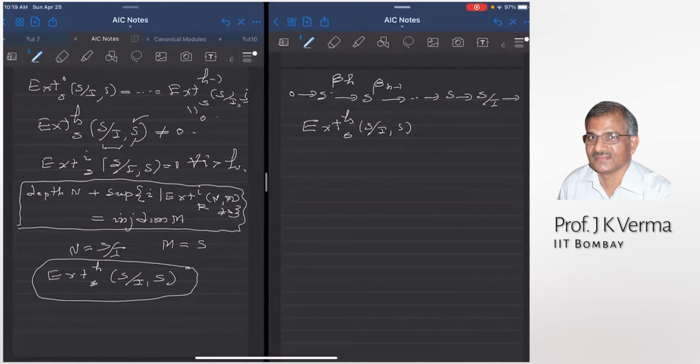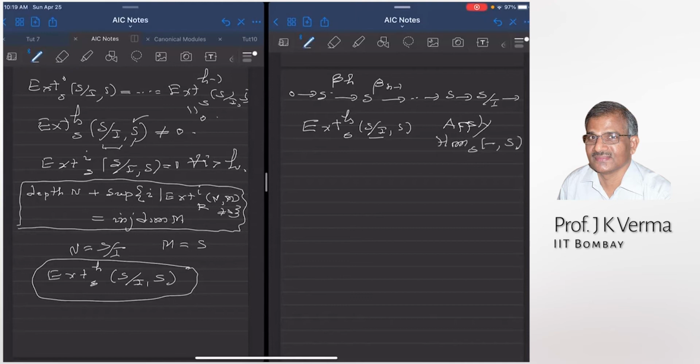So we could either consider a minimal injective resolution of S, which we have not discussed, or we can take this projective resolution of S mod I and then calculate the cohomology at this spot. So apply Hom(-, S).